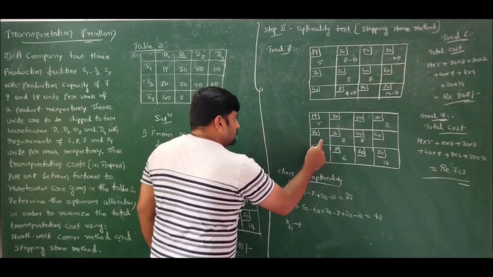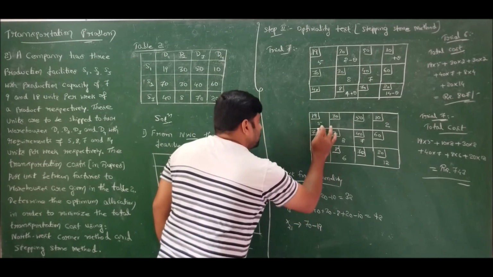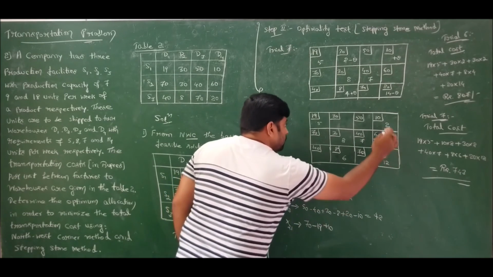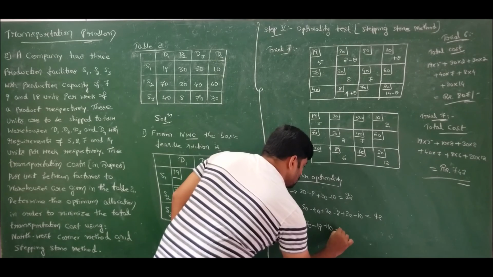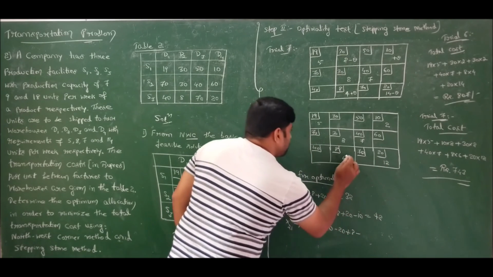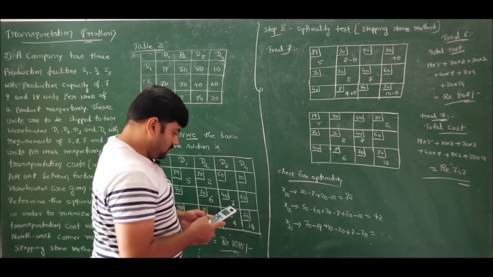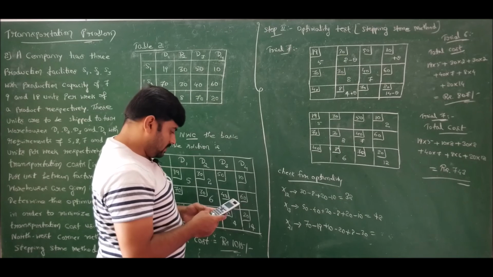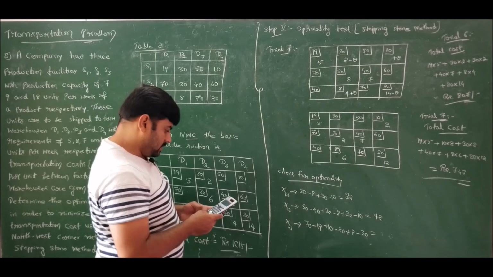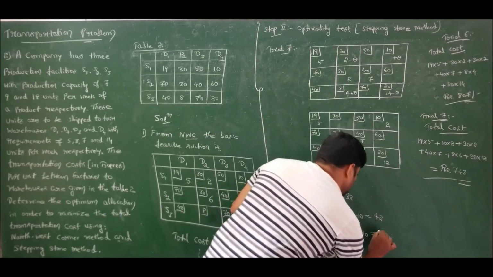So we have 70 minus 19 plus 10, minus 20 plus 8 minus 30. It is plus 19.